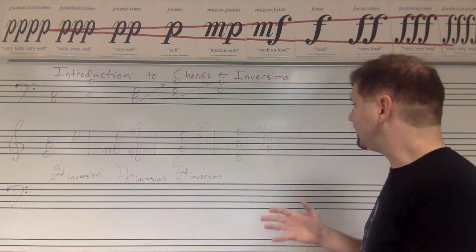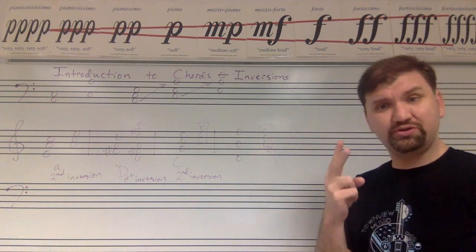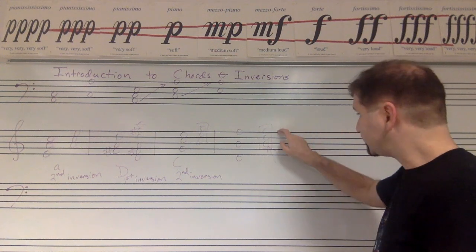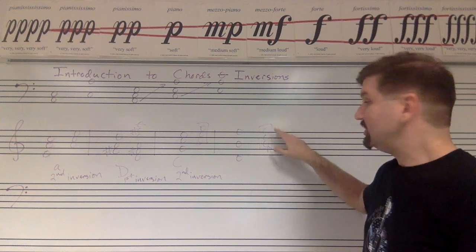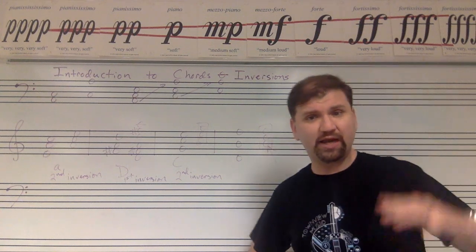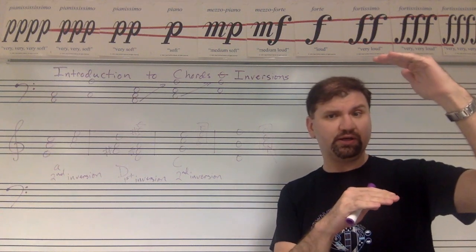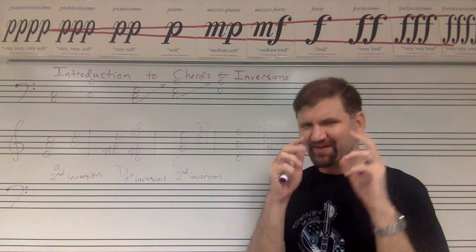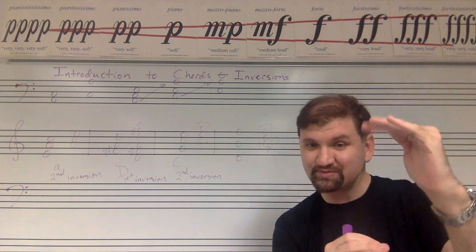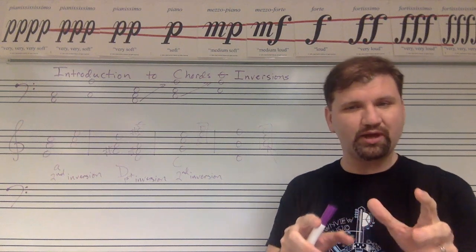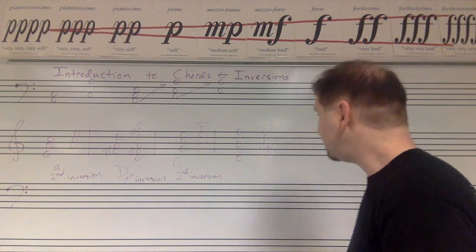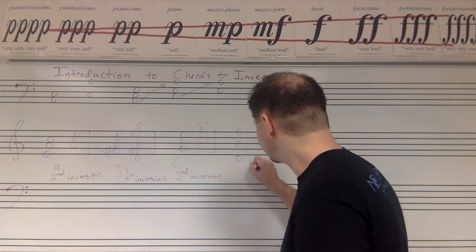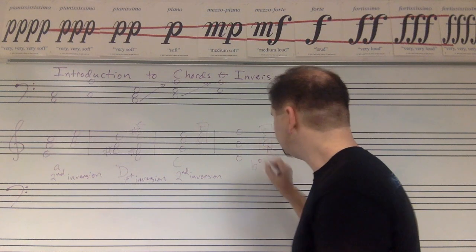Does it fit with B minor? Well, B minor only has 2 sharps, F and C, so F is sharped, but D is not. So it's pretty close to fitting B minor, except that the top note, F sharp to F natural, has been lowered a half step. And if I have a minor chord, but the top note's been lowered a half step, that minor chord becomes a diminished chord. So this is B diminished.